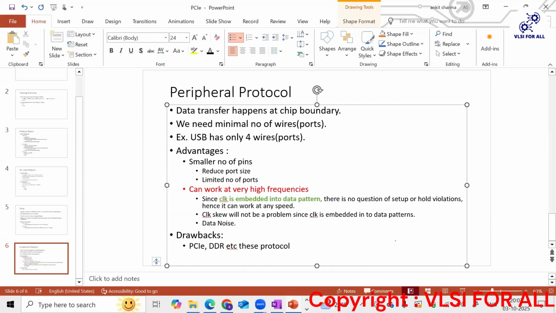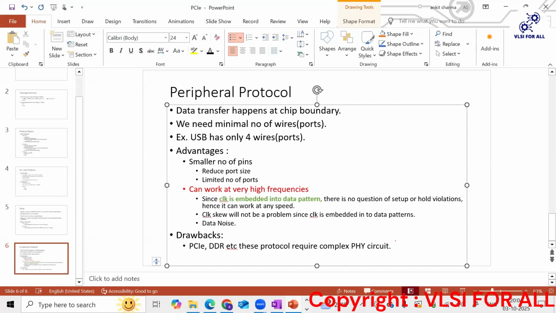That means these protocols require complex PHY circuits. मतलब बस इसका ड्रॉबैक यही है कि बहुत कॉम्प्लेक्स है, बहुत ज्यादा कॉस्ट है.